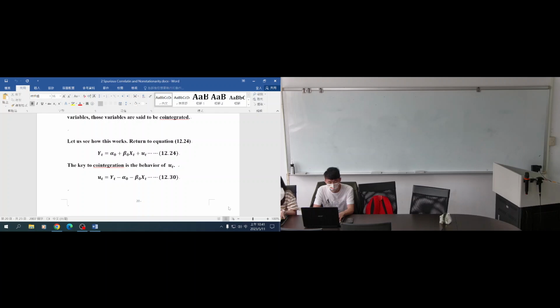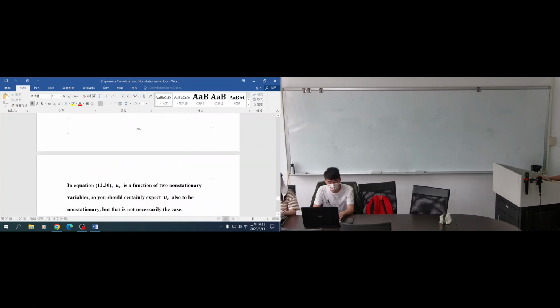However, co-integration says that after you run 12.24, you have the residual from 12.24. Then you check the residual, to see if it is stationary.